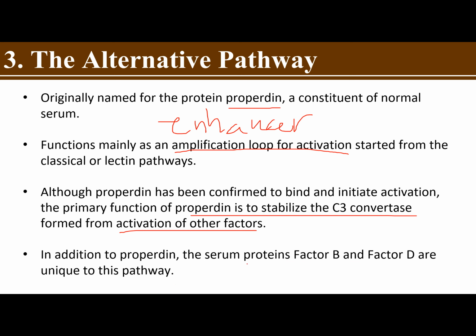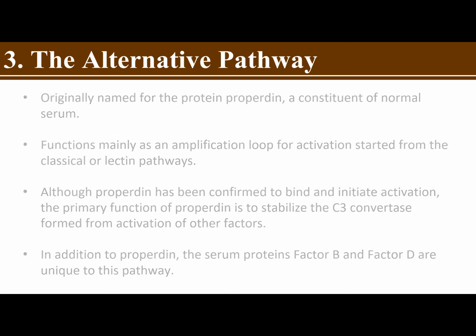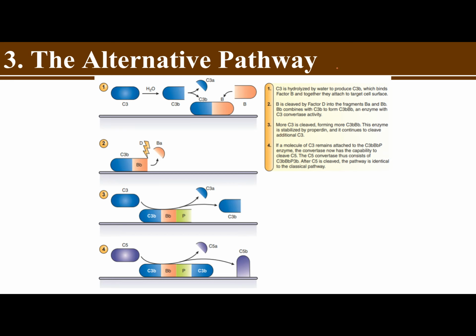In addition to properdin, the serum proteins factor B and D are unique to this pathway. Ito yung pathway niya, class. So the alternative pathway, the difference, class, is it would start, as mentioned earlier, as an amplification loop. Now this would start, class, with your C3. Now what happens here, class, is that C3 would be hydrolyzed. When you say hydrolyzed, it would be cleaved. It would now become C3A and C3B.